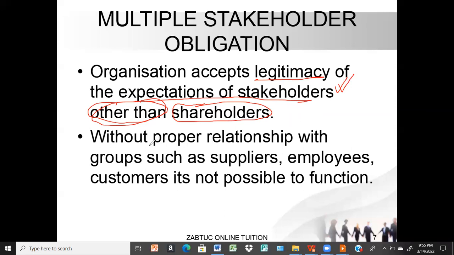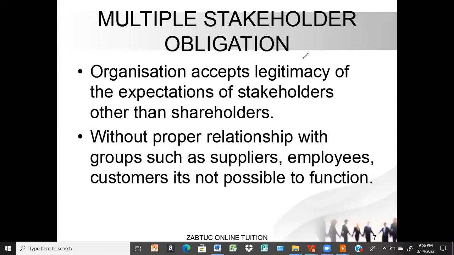We get to understand that without proper relationship with groups such as suppliers, employees, and customers, it's not possible to function. So therefore, we recognize that we need to go beyond our shareholders and accept the legitimacy of other stakeholders.